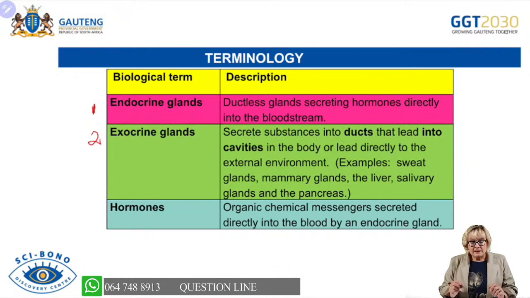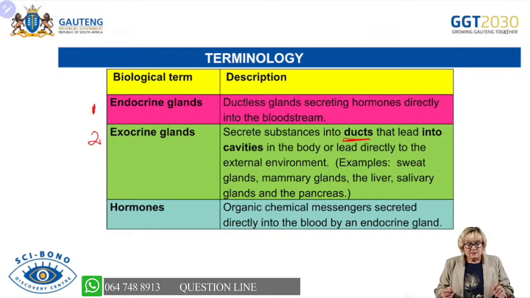An exocrine gland secretes substances into ducts. So they have little tubes that lead into cavities in the body or lead directly to the external environment. Examples of exocrine glands are the sweat glands, the mammary glands, the liver, the salivary glands, and the pancreas.